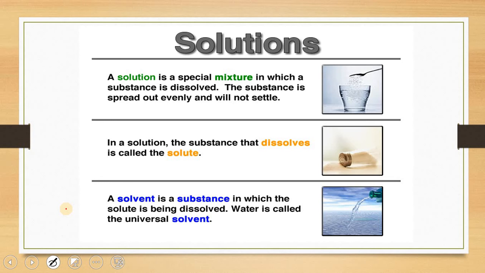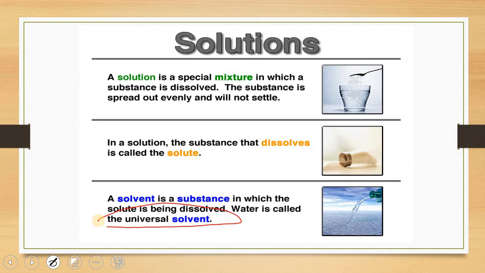Okay, what does it mean by dissolve? If you have any question, you can always ask me. So water is called the universal solvent. Why? Because water, kalau you still remember a few of our videos before, I told you the meaning of universal solvent.